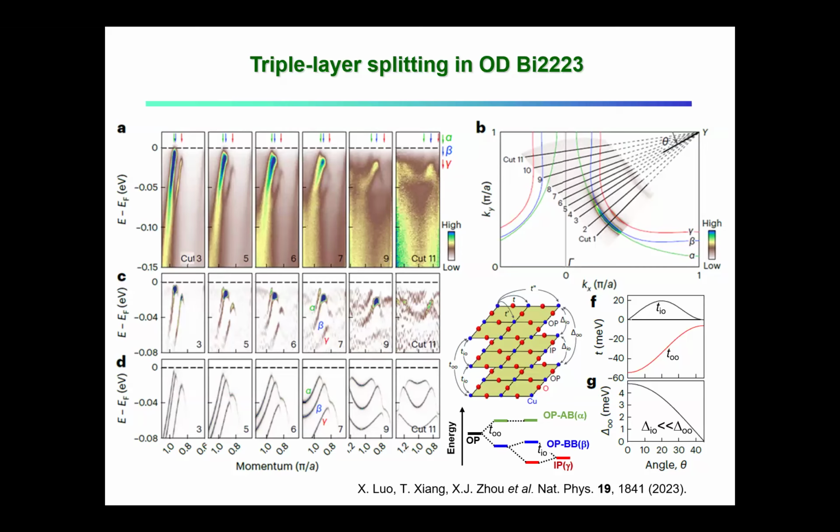I'm partially motivated also by the tri-layer nickelates. In our calculation, we see that the quasi-particle renormalization, for example, for the outer layers and for the inner layer can be different. And obviously, the coupling between layers is different.